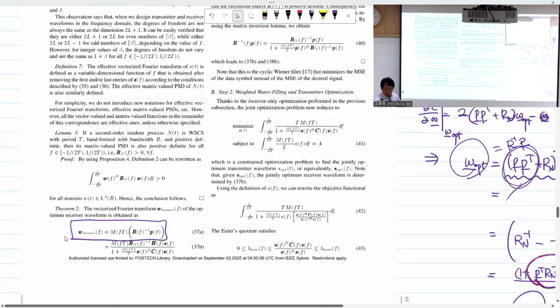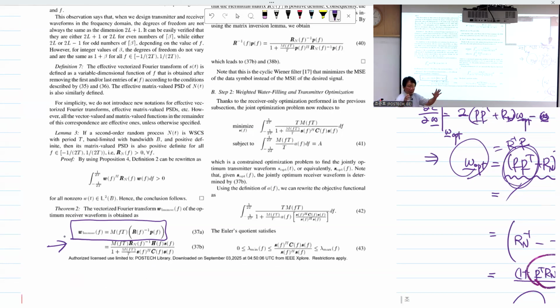Anyway, so what is good? We apply just that result with some scaling. The difference is that we have capital M of Ft and we have 1 over capital T, but they are almost the same. Now, our objective is what? After we find W, we want to find S, right?